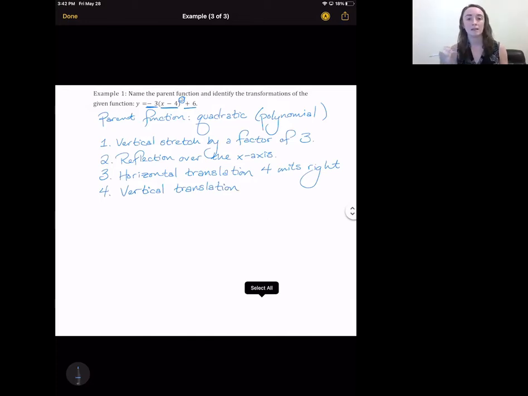And this is a plus 6, a positive 6. So that indicates it is a vertical translation in the upward direction. If it were a minus 6, it would be moving downwards. So this is a vertical translation of 6 units up. And that is all of the transformations in this function.